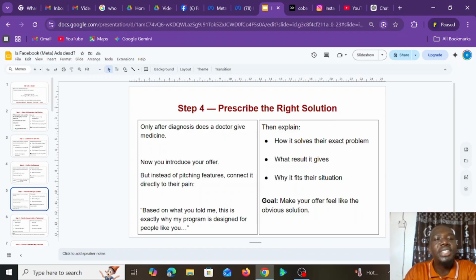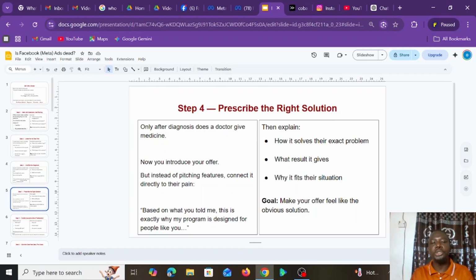So it is after you have known their problem, you have known the real issue, and you have gotten them to agree with the problem, that is when you should now introduce your offer. But instead of pitching features, connect it directly to their pain. You say something like this: based on what you have told me, this is exactly why my program is designed for people like you.